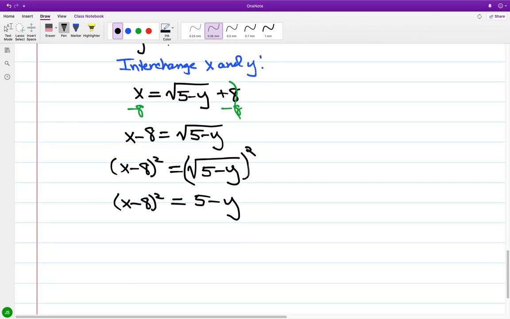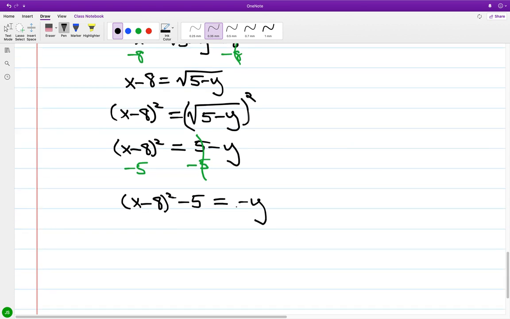And getting the y term, which we have at the moment to be negative y, I'm going to take 5 away from both sides. And right now, I'm going to have the square of x minus 8 minus 5 is equal to negative y.